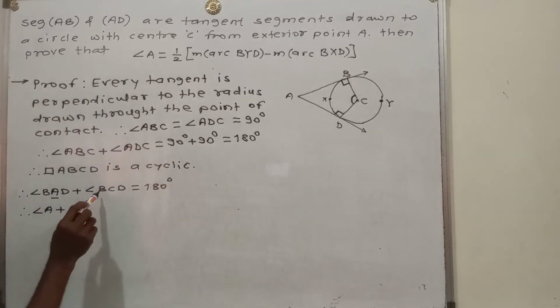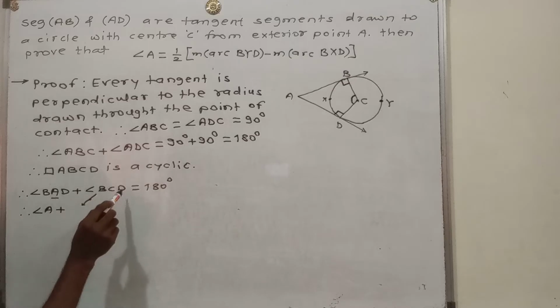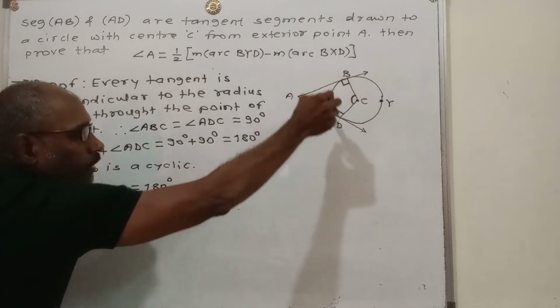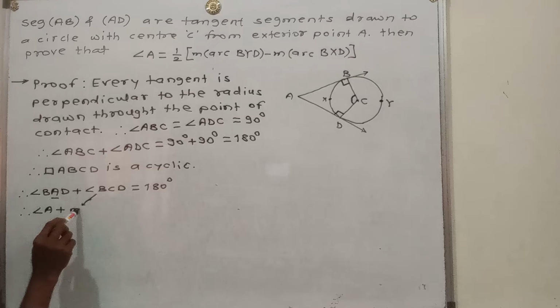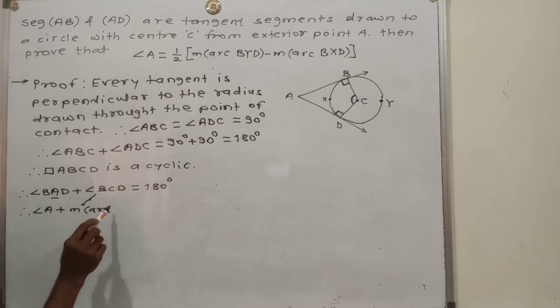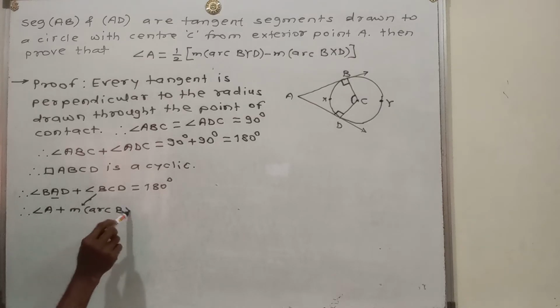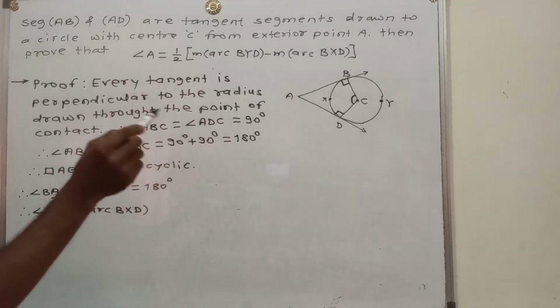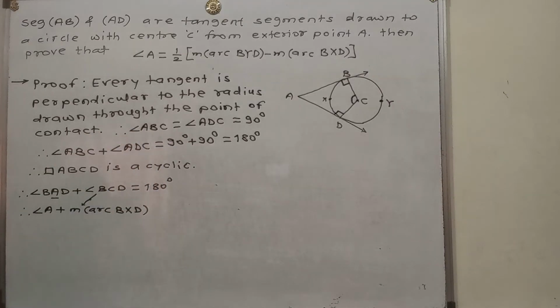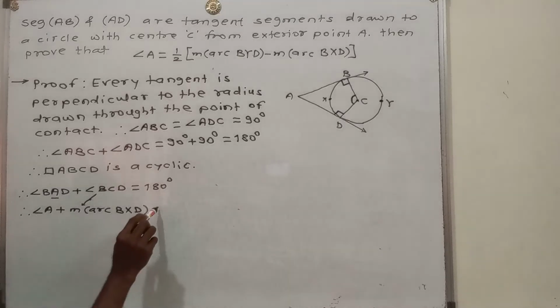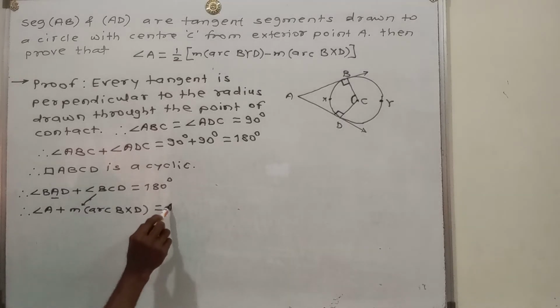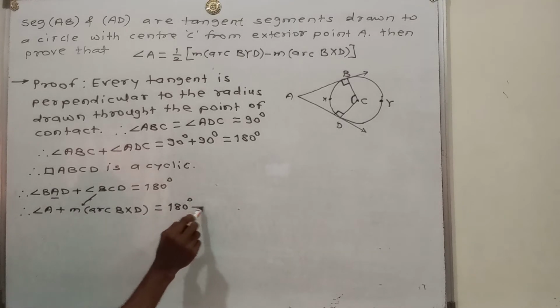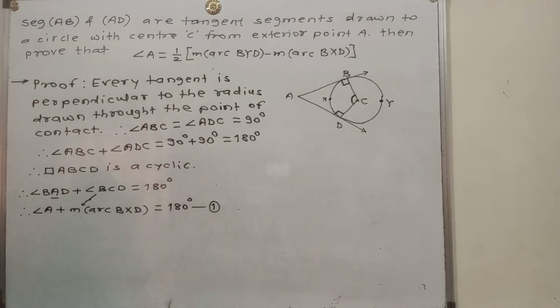Therefore, instead of the measure of angle BCD, we write major arc BXD. So angle A plus major arc BXD is equal to 180 degrees. This is our equation number 1.